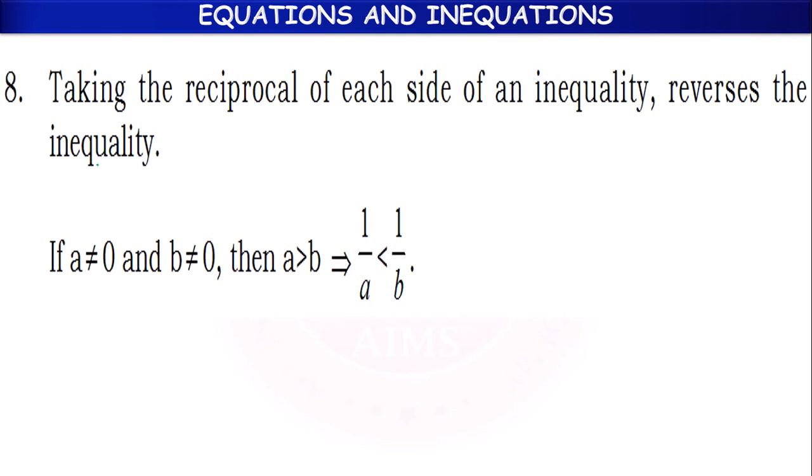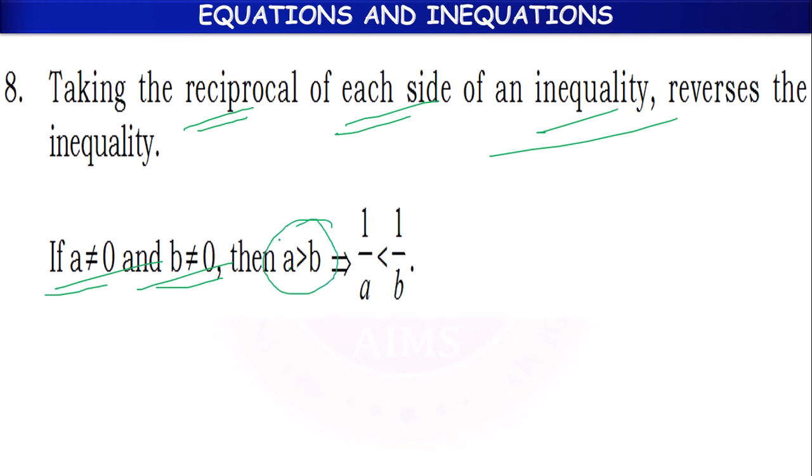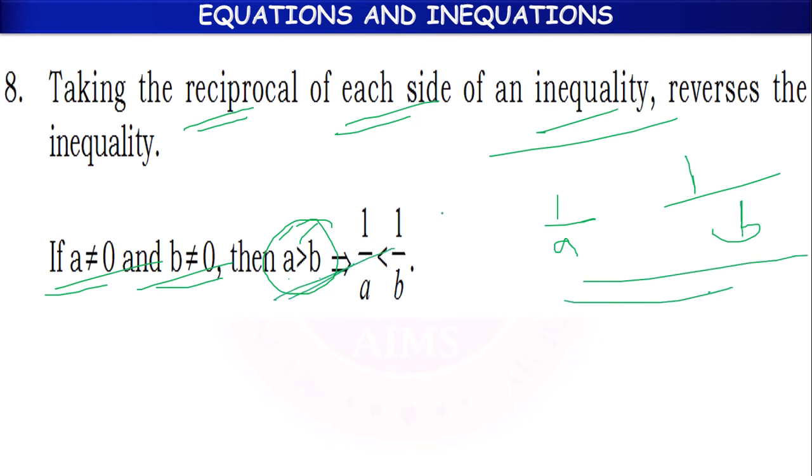And in one more case, if we take the reciprocal of each side of an inequality, suppose A is not equal to 0, B is not equal to 0, and A is greater than B. If we take the reciprocal on each side, on the left-hand side A is there, its reciprocal is 1 by A, on the right-hand side B is there, its reciprocal is 1 by B. Instead of the numbers, if we take their reciprocals, instead of greater than, the relation will be less than.